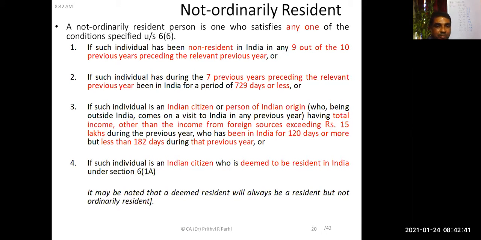Second condition is that if such individual has during 7 previous years preceding the relevant previous year been in India for 729 days or less. That means if he stays for 730 days, then he is no more a not ordinarily resident, he is a resident.